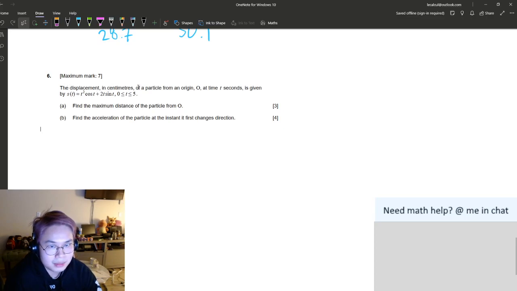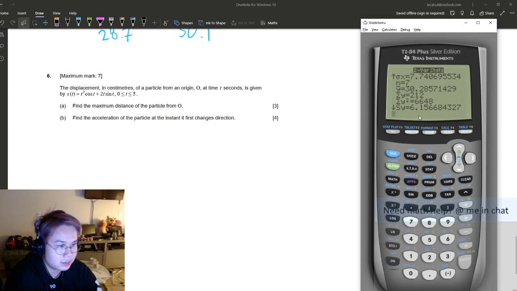The displacement in centimeters of a particle follows this equation, and then we need to find the maximum distance. Okay, so easy enough to do. What we can do is go and graph this. x squared times cosine of x, and then we're going to add 2x times sine x.